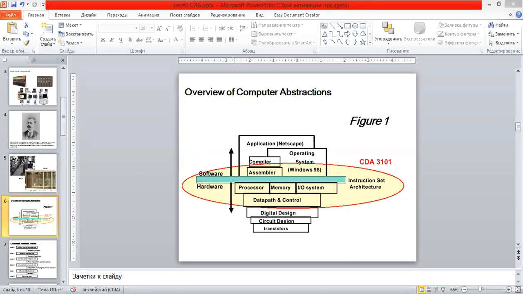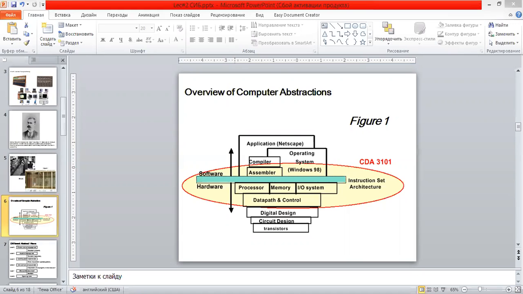This component supports the execution of machine code instructions expressed in terms of the instruction set architecture, ISA. Data path and control provides a convenient abstraction for connecting the processor, memory, and the input-output system and controlling their function efficiently.